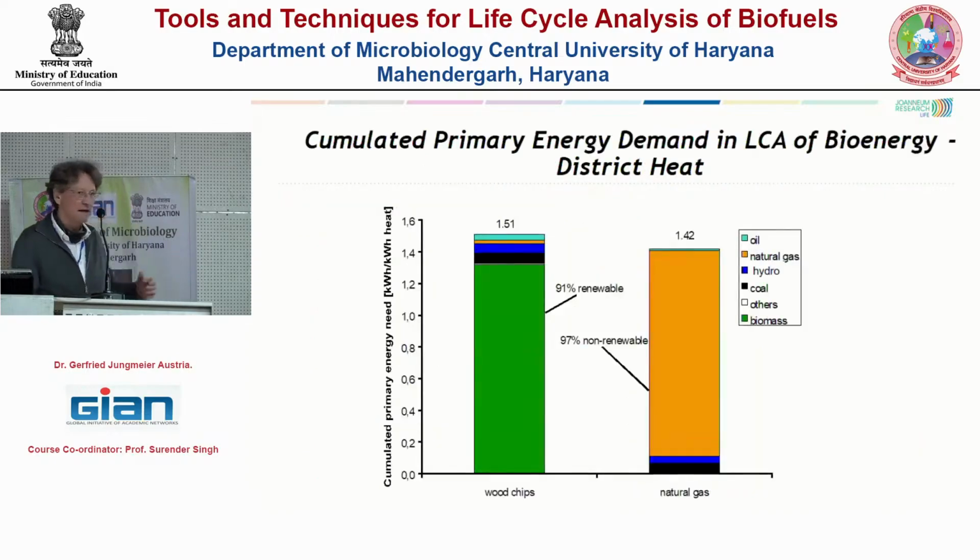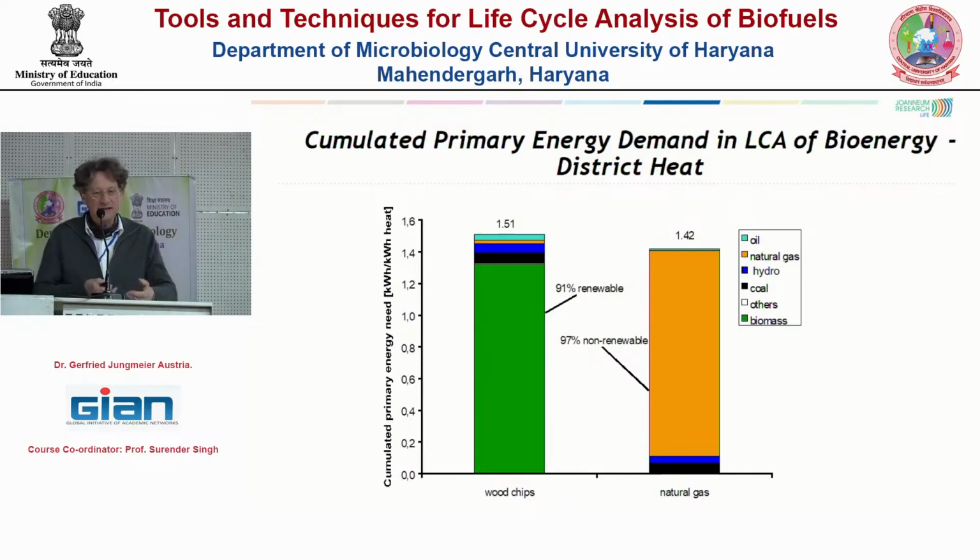When you get a result on the primary energy demand, this is a system that provides you heat. So it tells you how many kilowatt hours of primary energy you need to heat a house, for example. And one is based on wood chips, and one is based on natural gas. You see here that for natural gas, the value 1.4 is a little bit lower than 1.5.